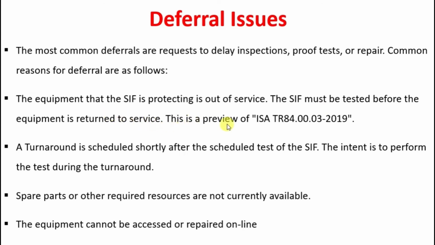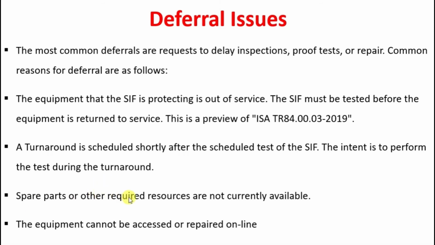This is a preview of ISA standard TR 84.00.03 issued in 2019. A turnaround is scheduled shortly after the scheduled test of the safety instrumented function; the intent is to perform the test during the turnaround. If a test is planned just after the shutdown, it is ideal to take it during shutdown and complete the task in a safe way.